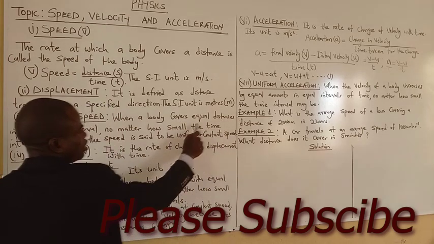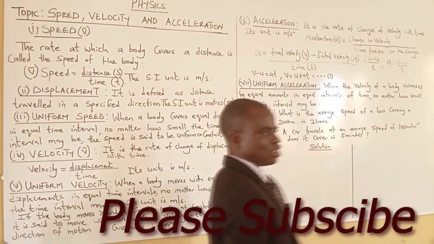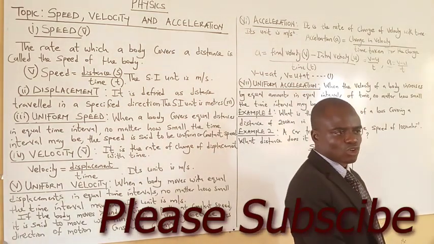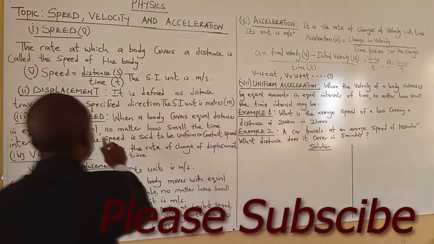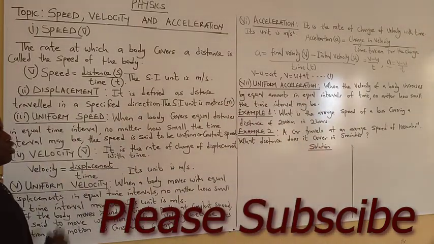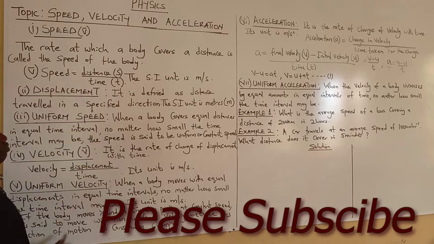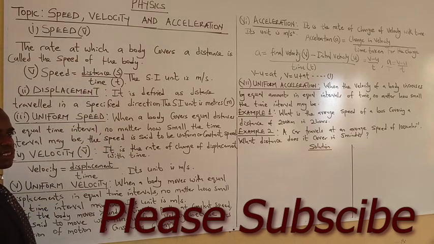Equal must be there, equal distances. And you have to cover 2 meters, 2 meters, 2 meters at a particular equal time interval. That's when uniform has to come in, uniform speed. Please, when you are defining it, the definition is different from speed. And also the SI unit is still meter per second.